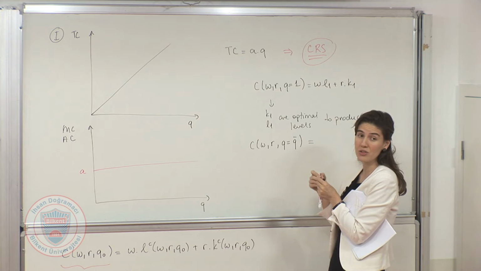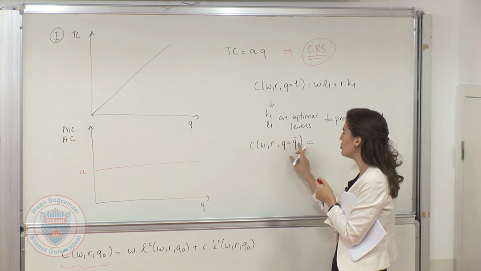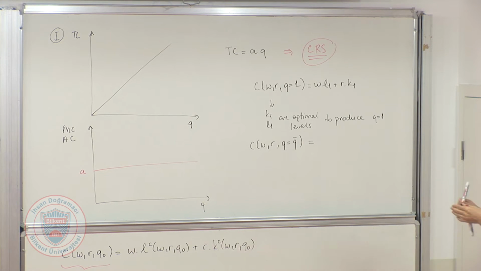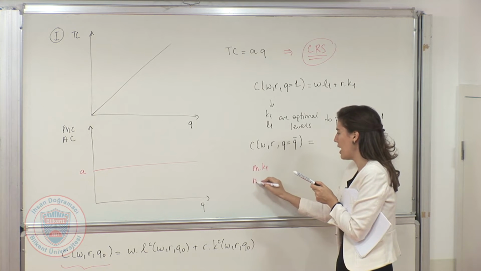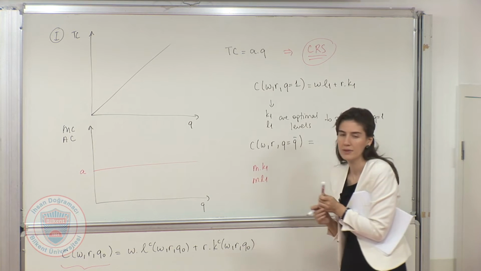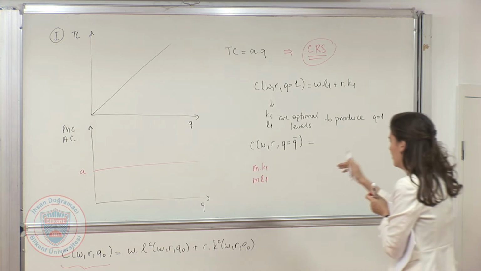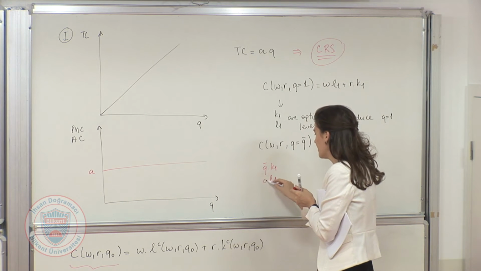If there is constant returns to scale, then in order to produce Q bar units, can I produce Q bar units by M times K1, M times L1? If there is constant returns to scale. Right? Tell me, Hocam, what is M? So it's Q bar, right?